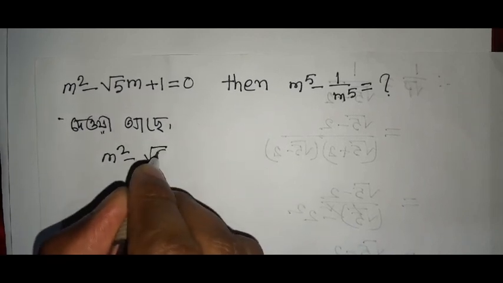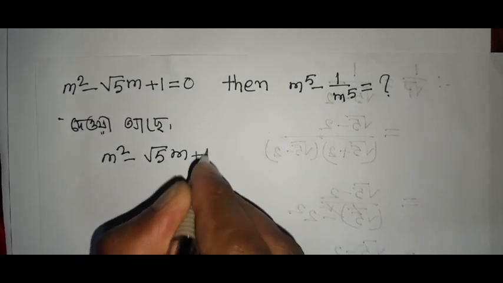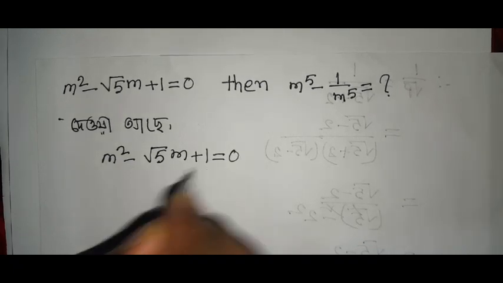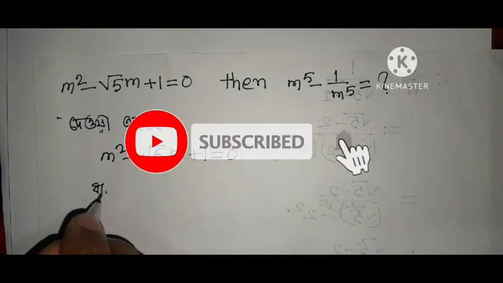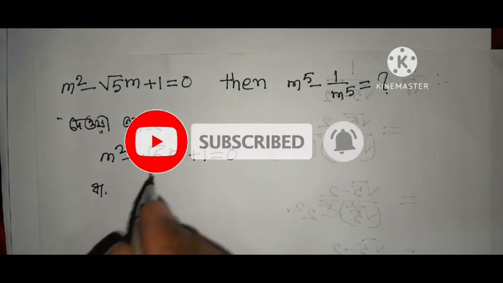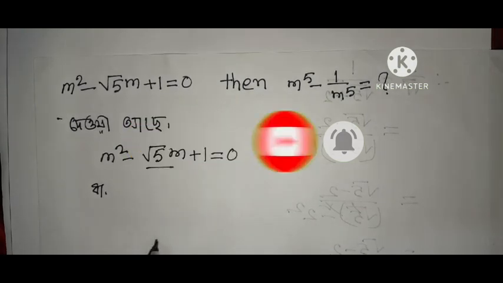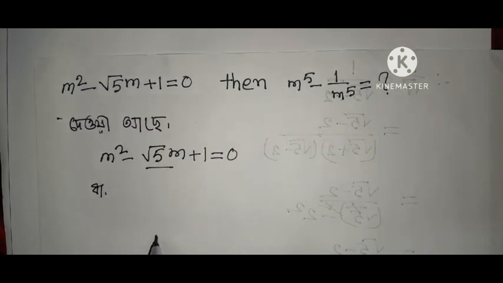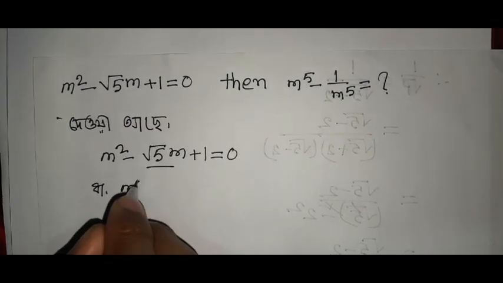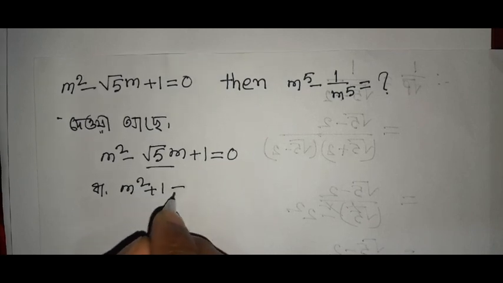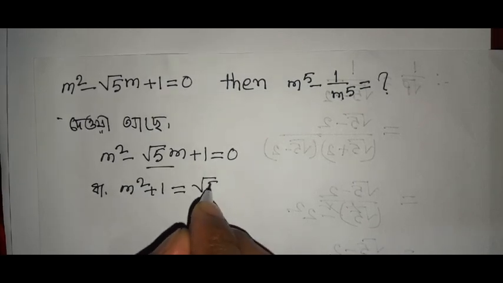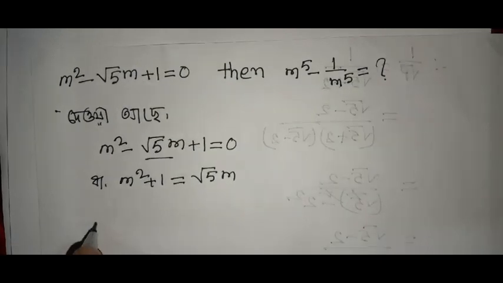m² minus √5m + 1 = 0. Then we transfer √5m from the left side to the right side. We can write m² + 1 = √5m.